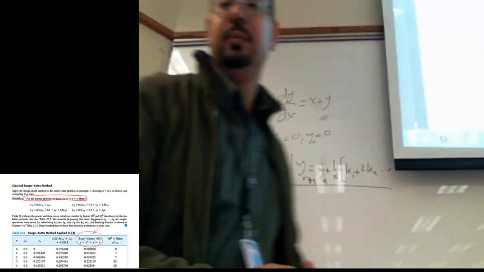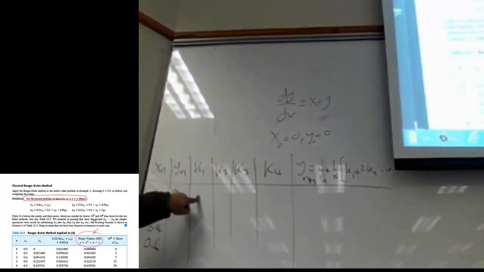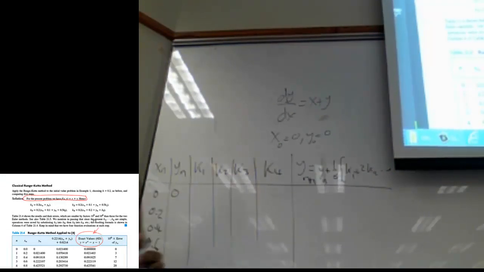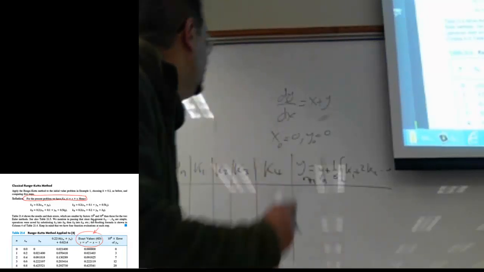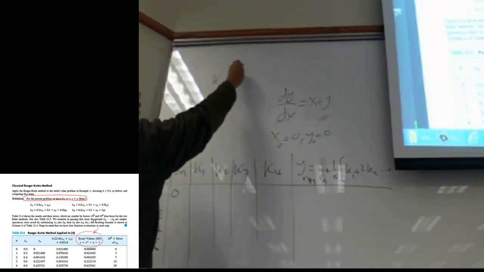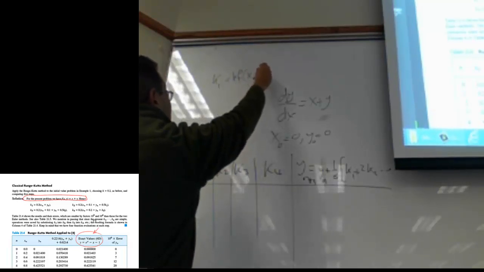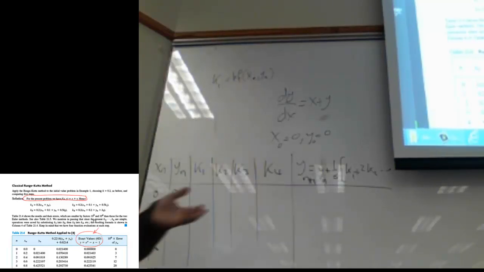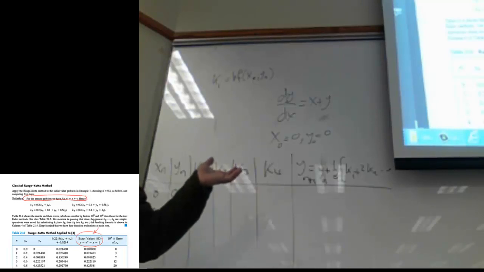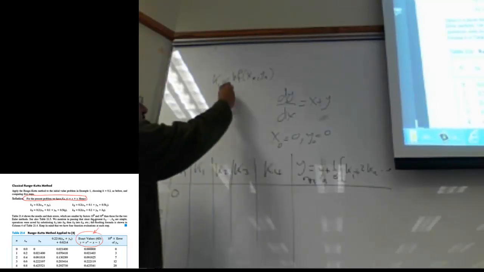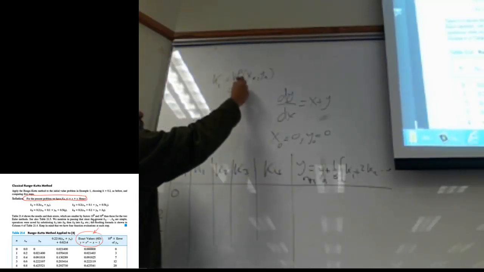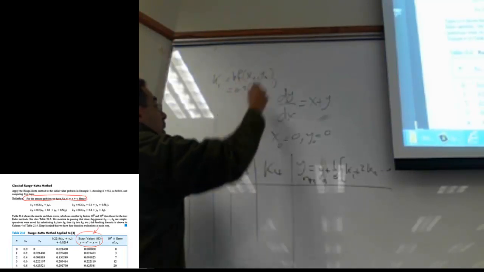So how much is the k1? You can just go back to the formula and read that k1 is h multiplied by f of xn and yn. That's the easiest one. That's the initial slope. Right? So what is h? 0.2. And what's f of xn and yn?